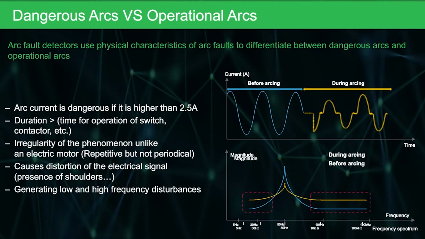If it's not repetitive and erratic, it comes back to those erratic arcs that I referred to earlier, where that inconsistency is a reference point to say that some sort of arc fault is occurring on that circuit. Also, whenever an arc is established, it changes the frequency on that circuit as well. So we're monitoring what frequency and what variations there are happening to the frequency on that circuit.